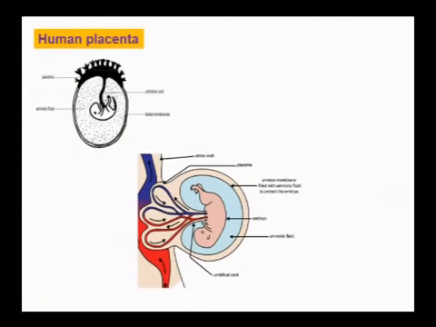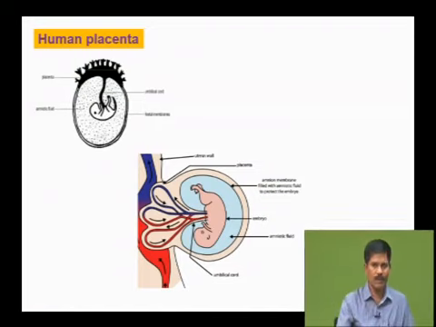Human placenta. A very important stage in the development of the human embryo is the formation of placenta. So placenta formation is a vital stage in embryonic development in human beings. Why placenta? You know that morula develops into blastula, blastula develops into gastrula and undergoes further development.